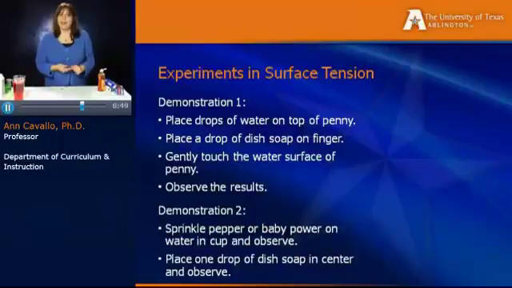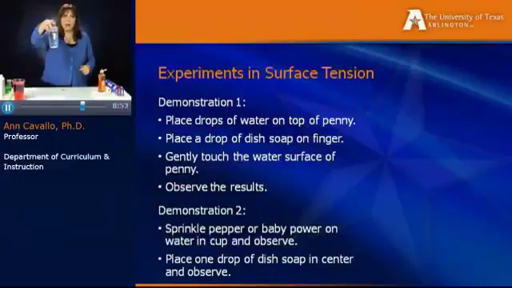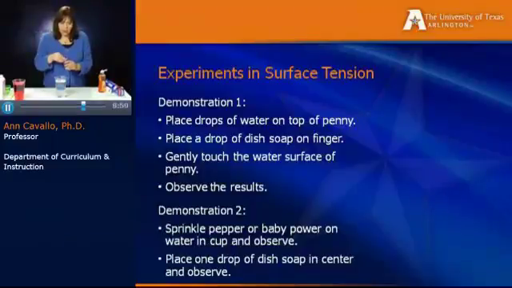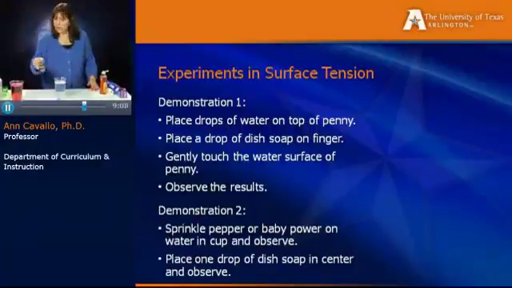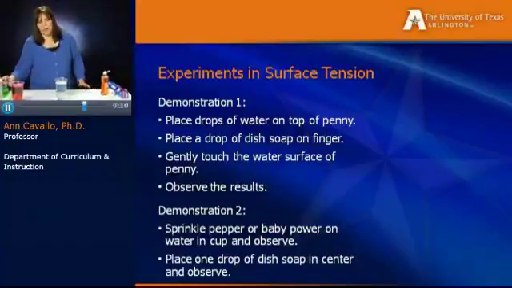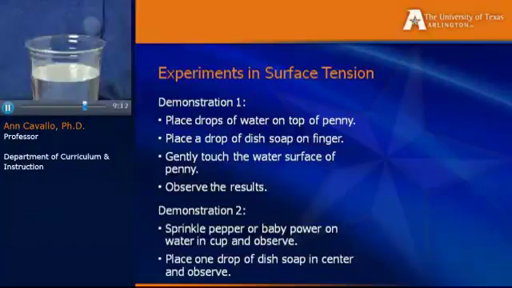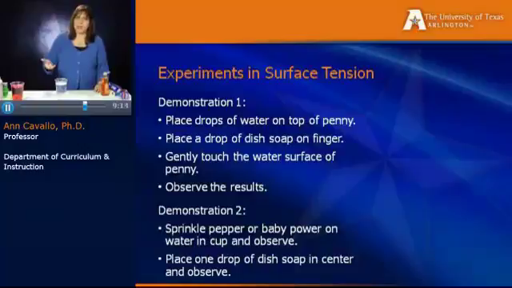As another application, we do the following. You need a clear glass or plastic cup of water and either some baby powder or some pepper. Sprinkle the surface with the pepper or baby powder and observe what happens. What students notice is that the pepper stays on top. Why does it stay on top is the question, and of course that's because of surface tension.